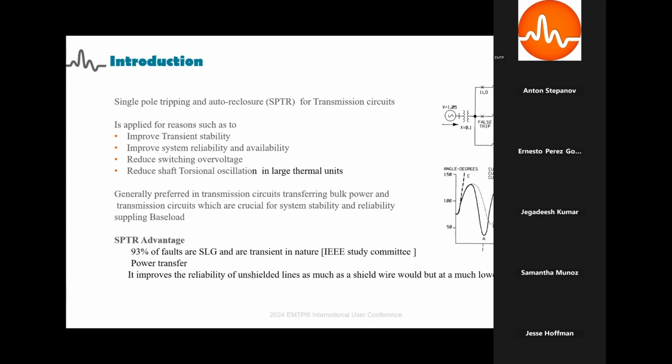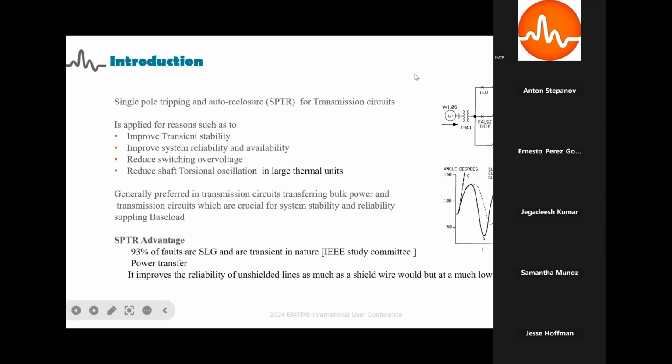And where do we apply this SPTR? It is generally preferred in transmission circuits transferring a bulk amount of power, and circuits which are crucial for system stability are often embedded with single pole tripping and auto reclosure.